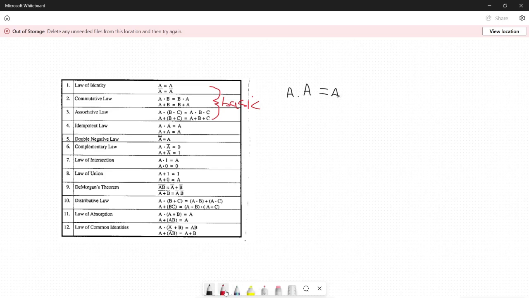Now we can actually look at different examples and see for different values. So if I make A 0, then that'll give me 0. 0 times 0 is 0. And 1 times 1 is equal to 1. So this holds out. And then A plus A is equal to A, because once again, if we have 0 plus 0, we're going to get 0.